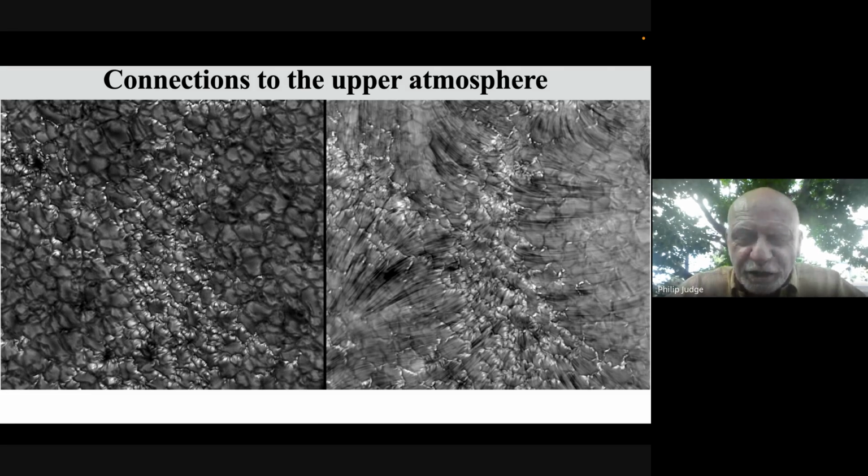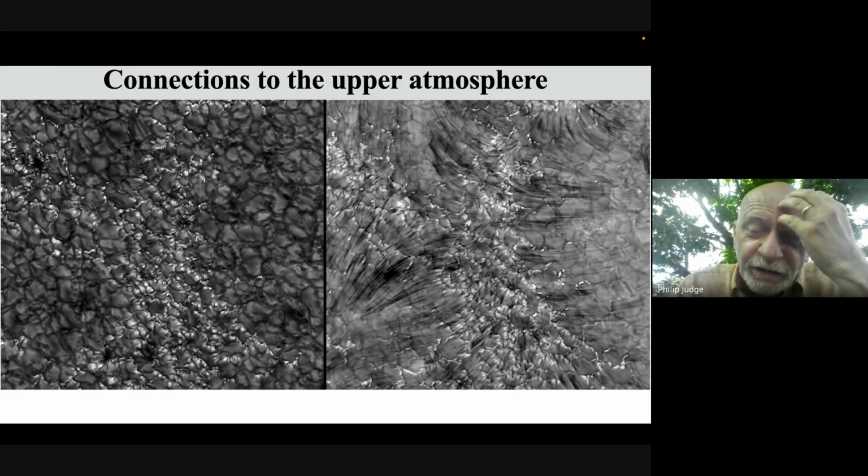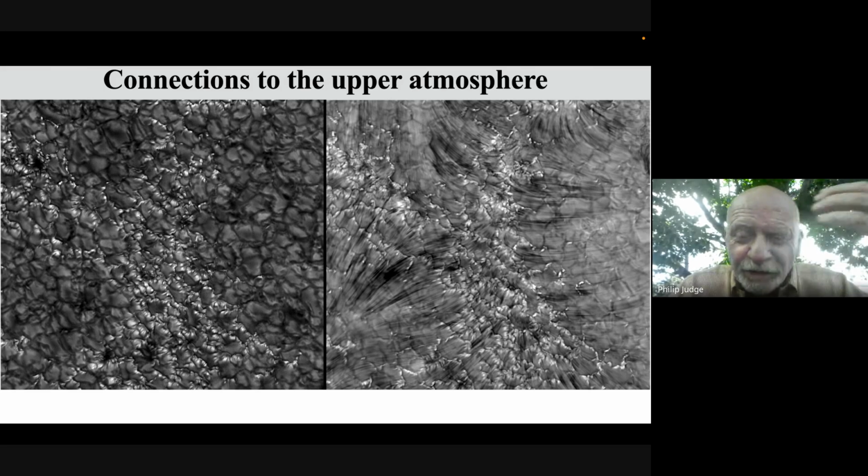Irrespective of how they form, you should be able to trace those thin black things down to where their roots are and see where they're coming from. H beta is a very nice thing because you're looking at deep down and high up at the same time with a relatively broadband instrument. So it should be possible to make a statement here.